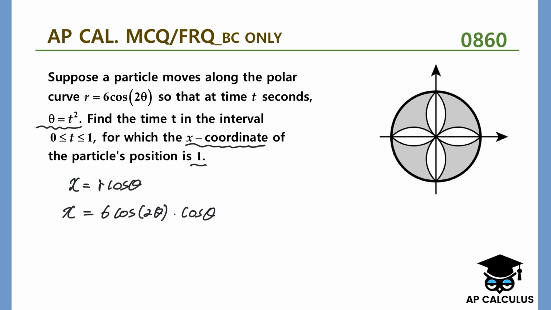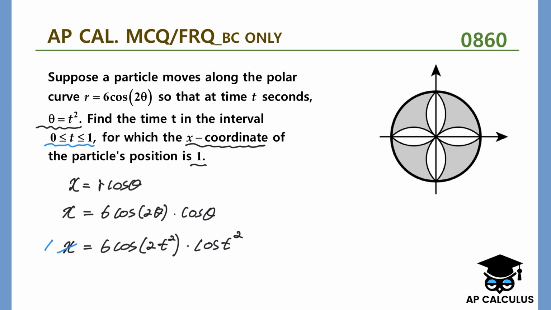So x in terms of t is equal to 6 cosine 2 t squared times cosine t squared. And when x is equal to 1, the question is, what is the value of t in this interval right here?